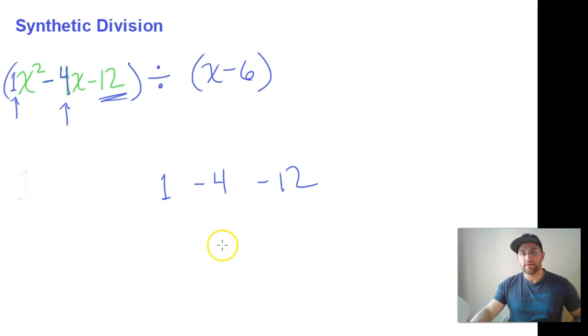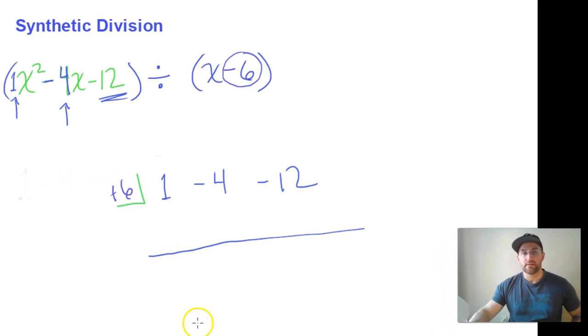Now I'm going to move these over just a little. So we have 1, negative 4, negative 12, and then we're going to make a horizontal line underneath them. And we're going to draw a little right angle bracket, and in that bracket, we're going to take the opposite of this constant term in the divisor. What's the opposite of negative 6? Well, positive 6.